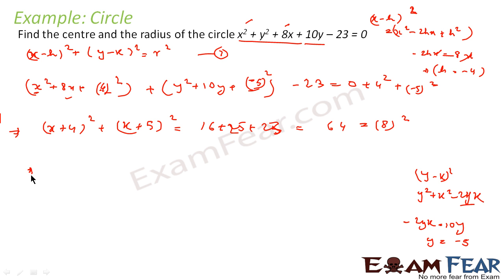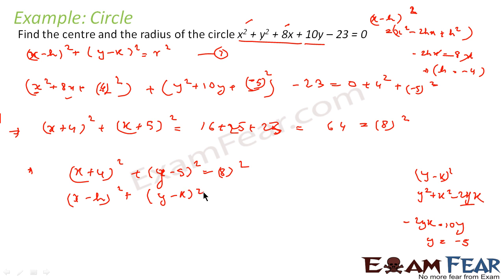So the equation is now x plus 4 whole square plus y plus 5 whole square is equal to 8 square. Now we'll compare this with our formula, x minus h whole square plus y minus k whole square is equal to r square.